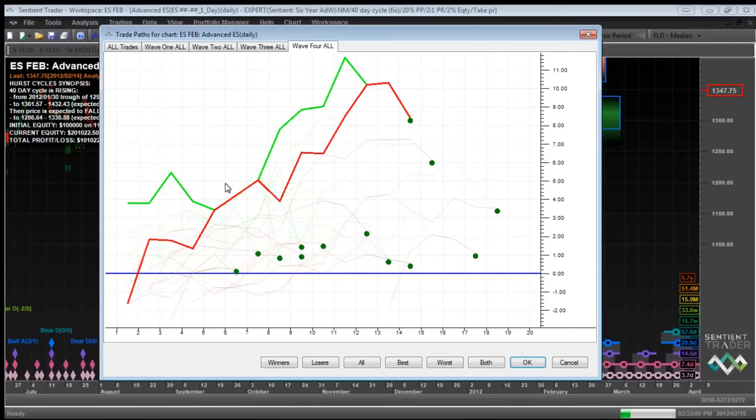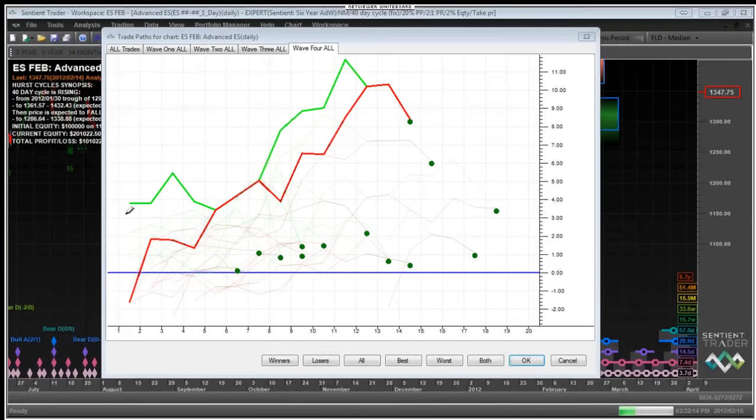Each one of these green dots represents a winning trade. In other words, it ended up in profit. If I click on that dot, then you can see that the green and red lines that lead to that green dot are highlighted. What do those green and red lines mean? Well, those green and red lines are what we call the trade path.